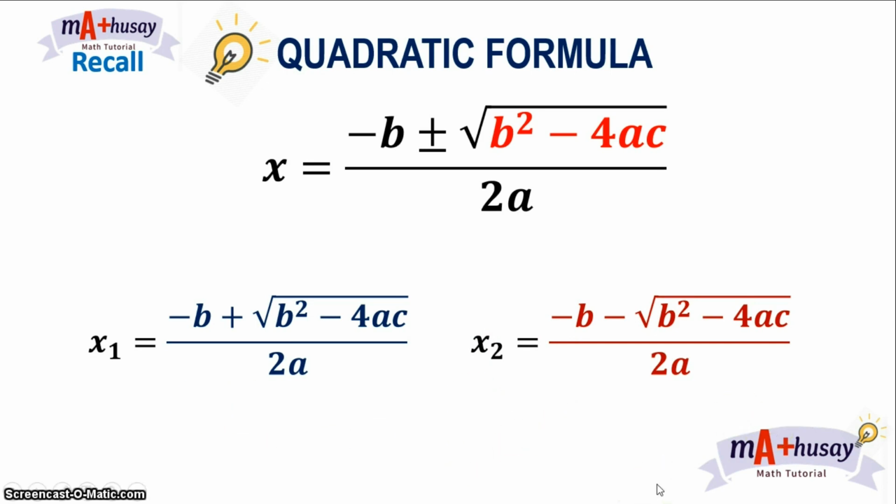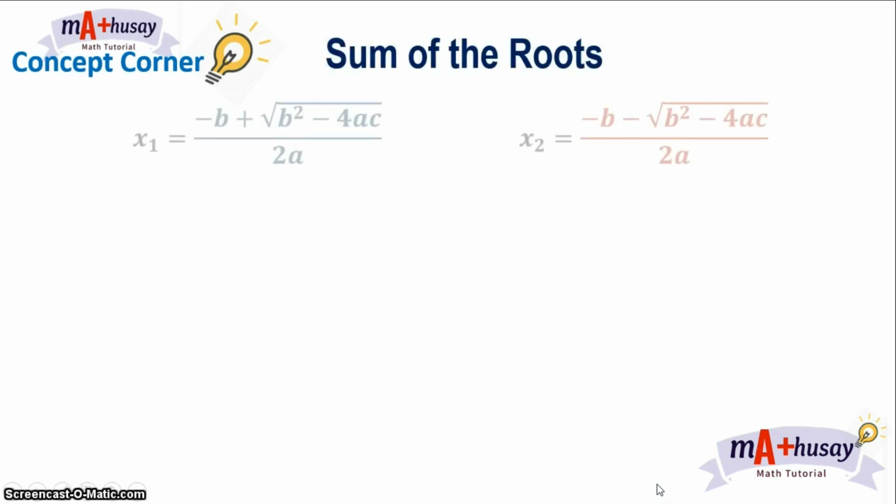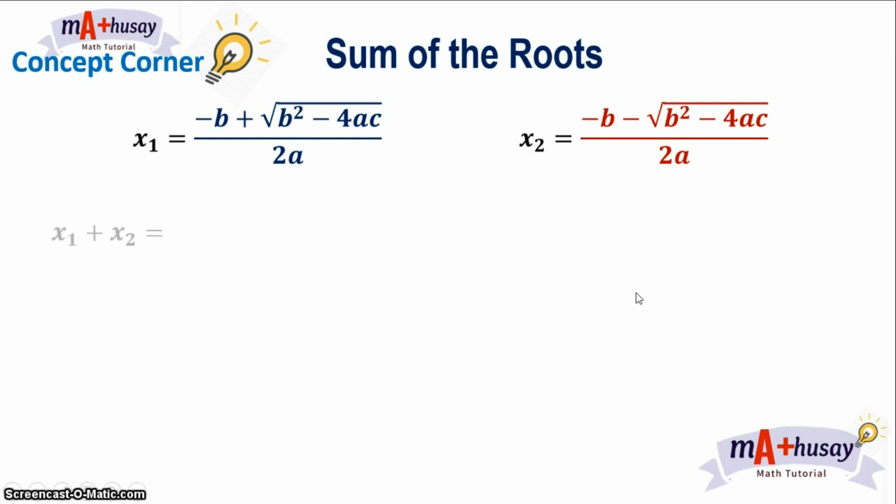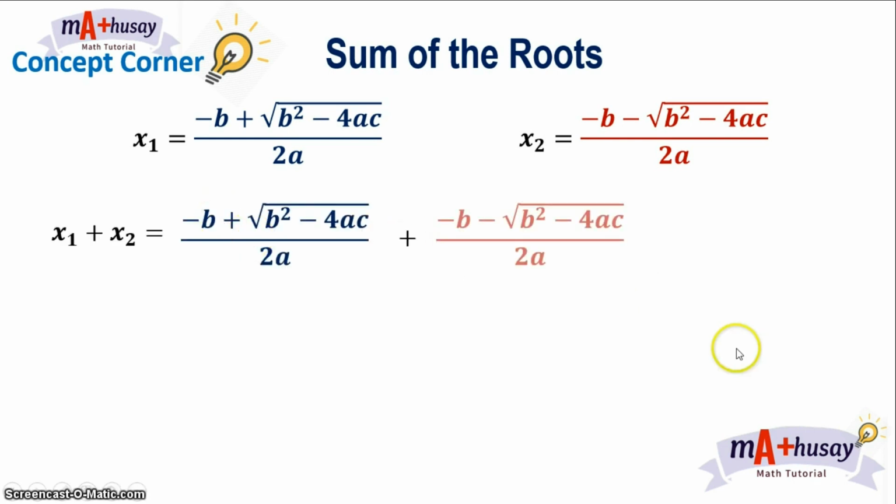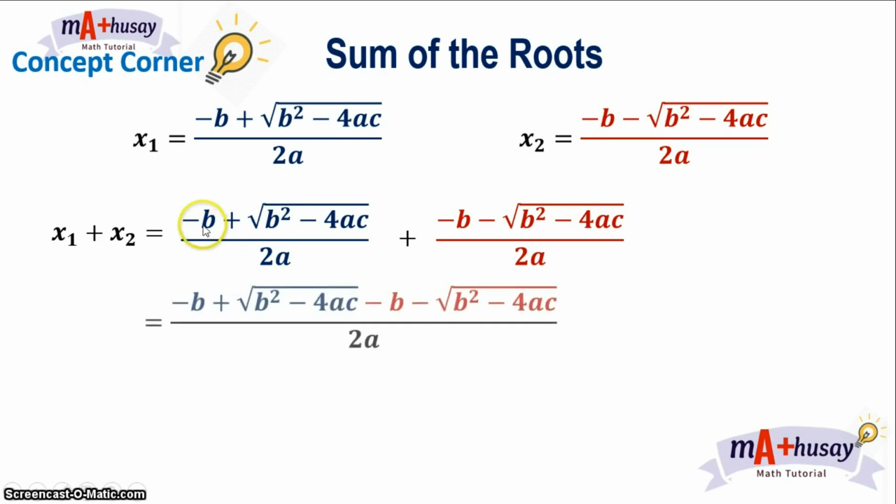So, to find the sum of the roots, we have to add x sub 1 and x sub 2. If we add these two values, we can easily add this because we have the same denominator. So, we are going to add and combine terms in the numerator.